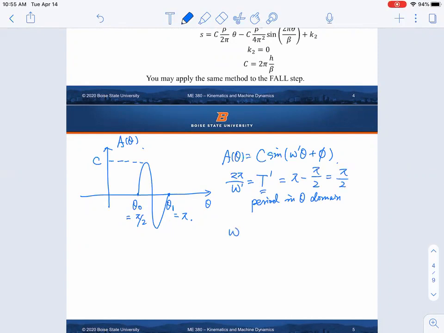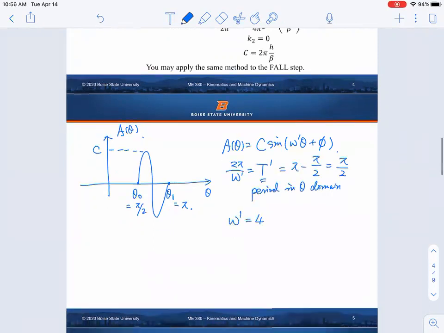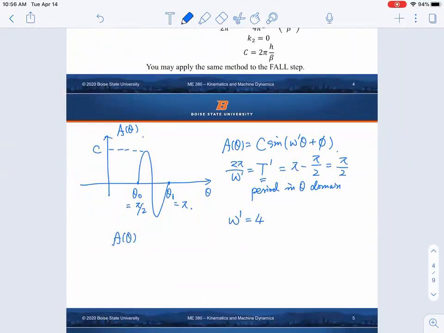So that's why your omega prime equals to 4. You would have your A(theta) equal to c sine of 4 theta plus phi. And then how to find this phi? You can easily find out that when theta equals to half pi, this acceleration value should be 0. So that's how you find your phi.